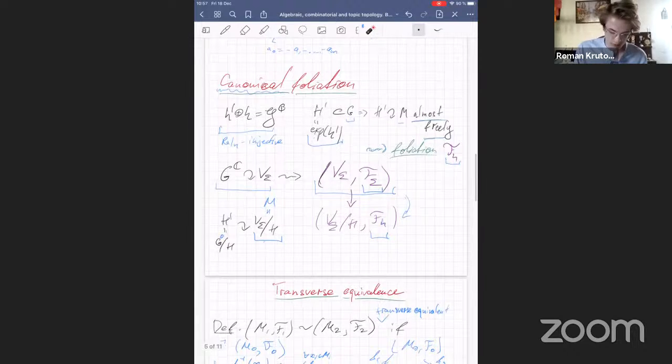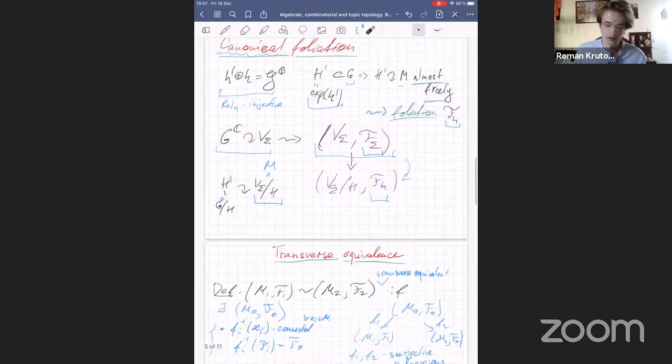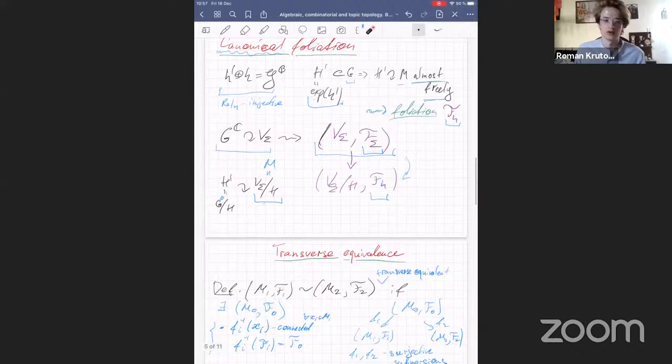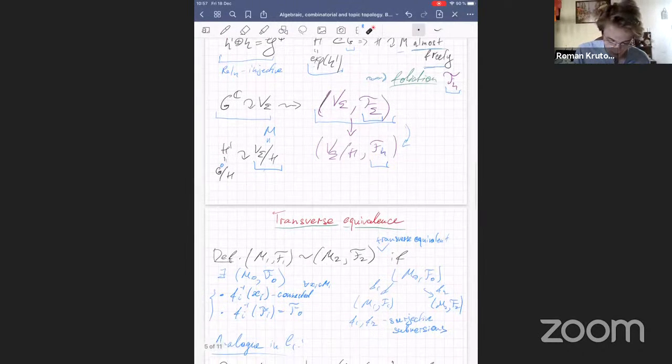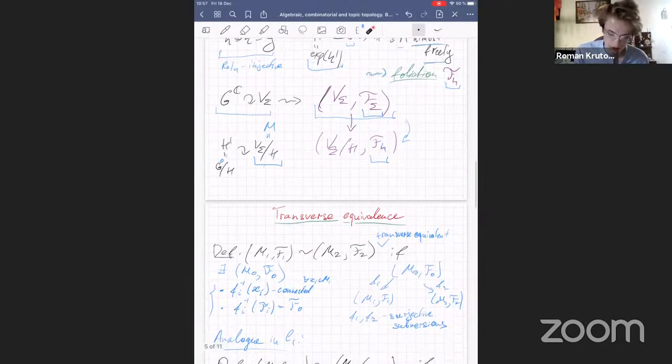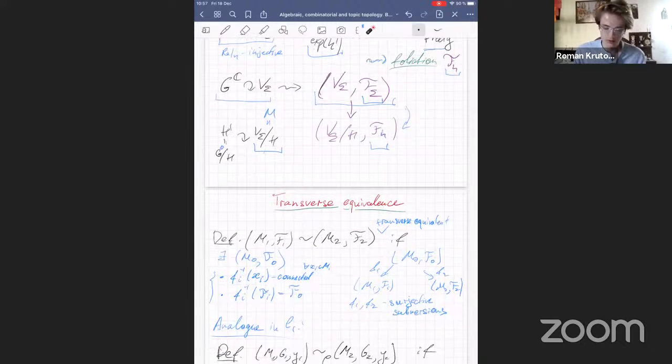So there is a very important notion for foliations to be in some sense equivalent, and it's called transverse equivalence. So two foliations are said to be transverse equivalent if there exists another foliation M0 F0 and two maps F1 and F2, which are surjective submersions, and they should satisfy two conditions.